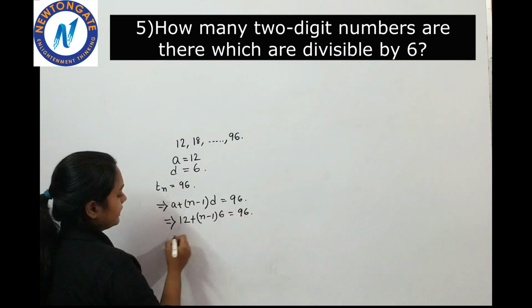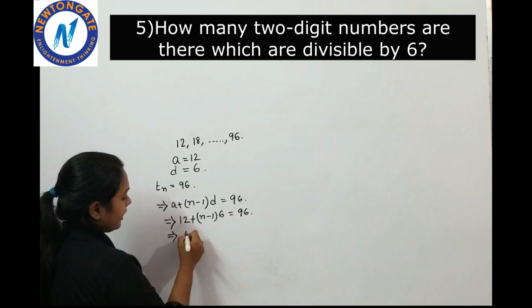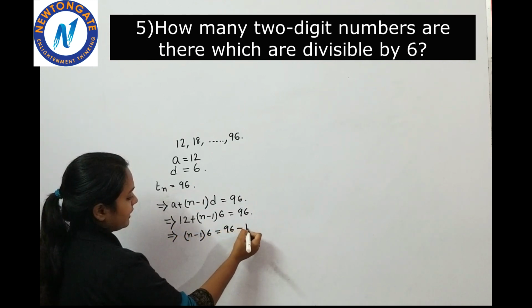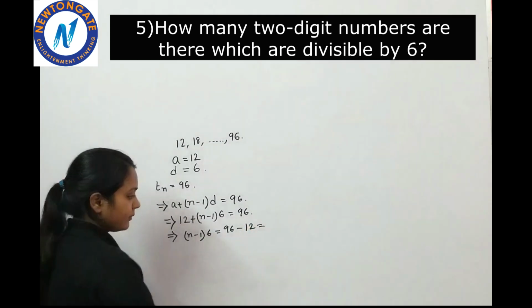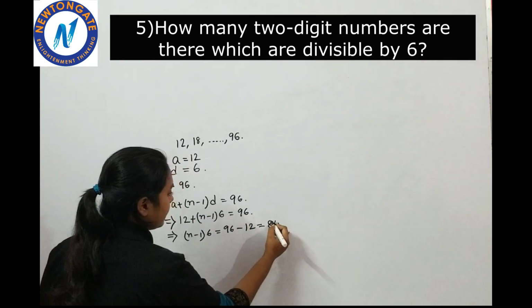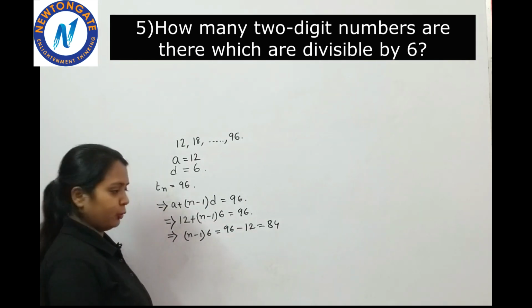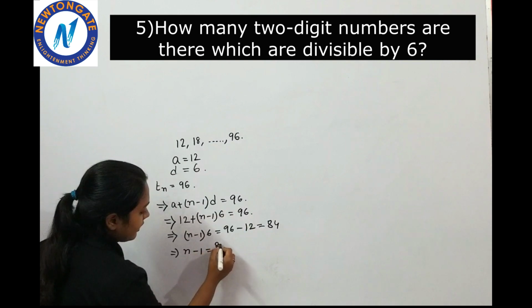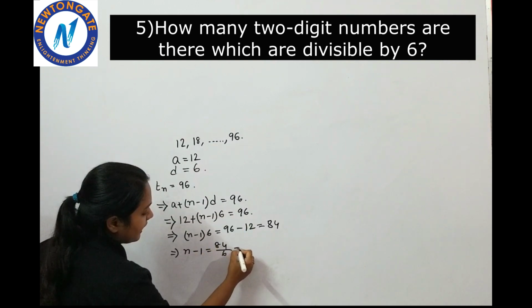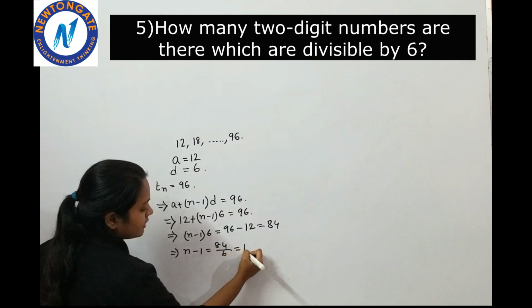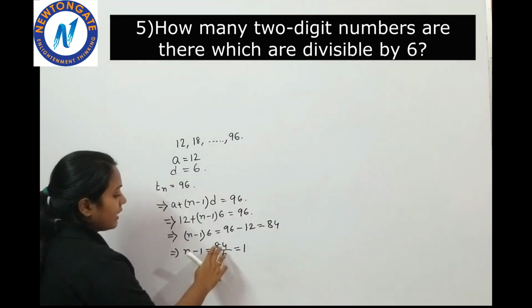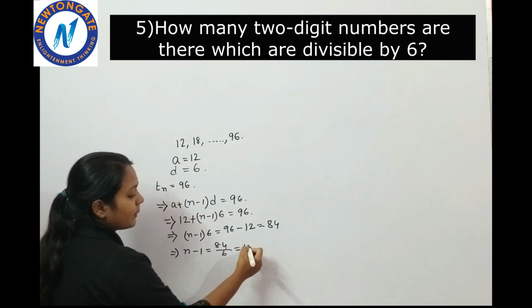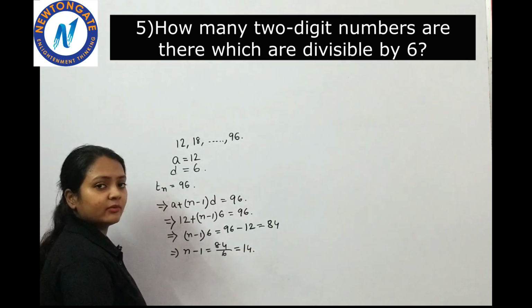96 equals 12 plus (n minus 1) into 6. 96 minus 12, that is 84. Then n minus 1 equals 84 divided by 6, and 6 fours are 24, so that is 14.